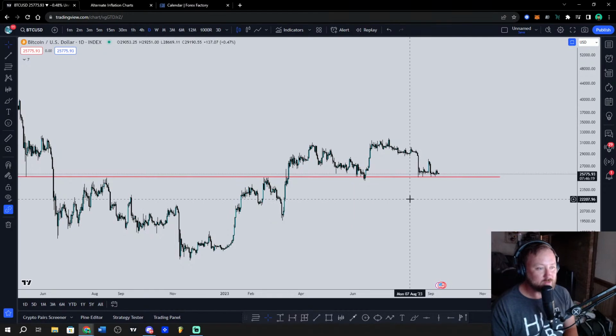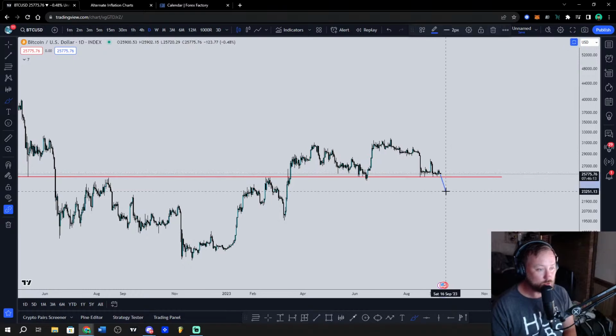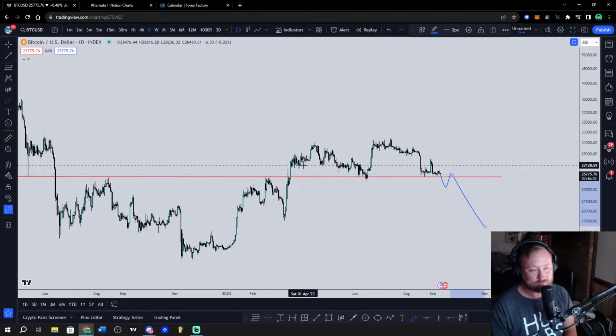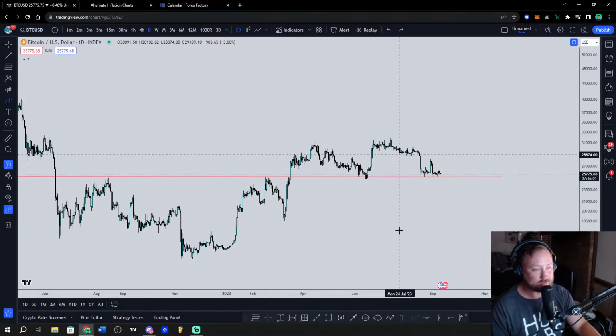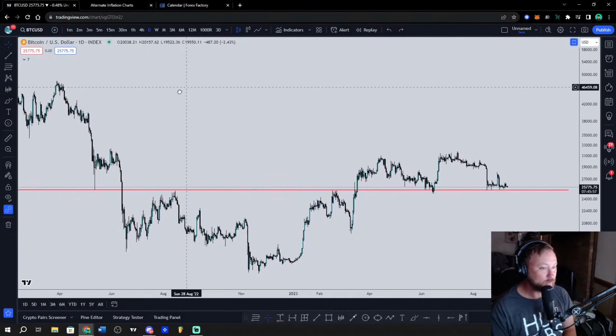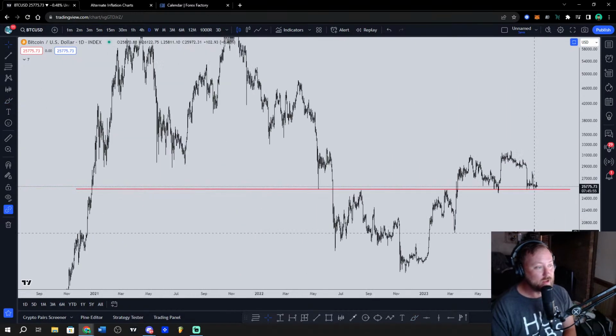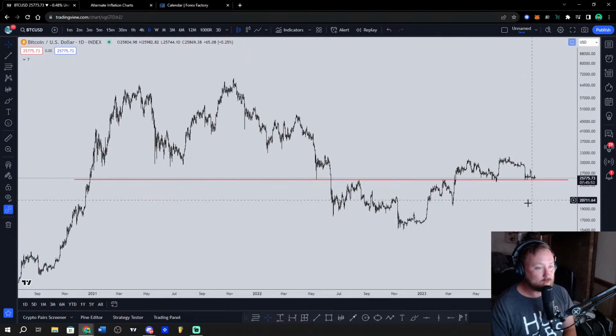Like I said, if I was going to short, I would want to see that level broken and then a retracement, and then I would probably go short. If that level breaks, I'm looking for shorts. That's just how it is. That would really suck, but I don't think we have to worry about that.